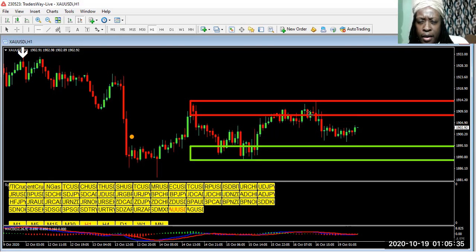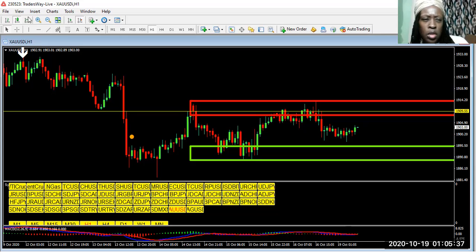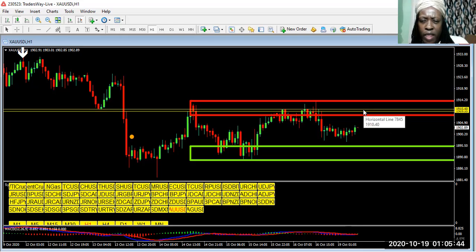So right here inside of the zone is where I expect price to rally up into this area right here before it drops back down. And I anticipate it coming down to this area, right around in there. Why? Because this is a bullish engulfing candle. And so I expect price to start building up bullish pressure to push its way back up, okay?